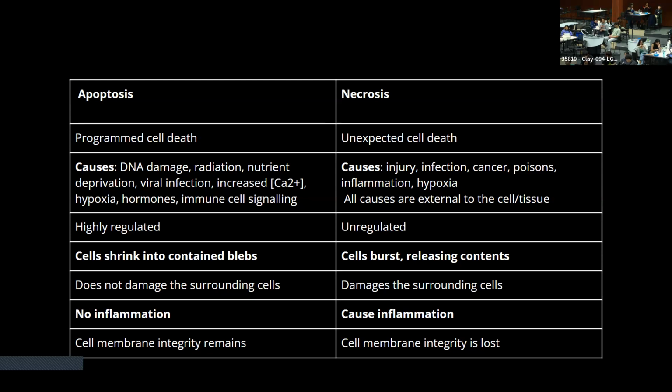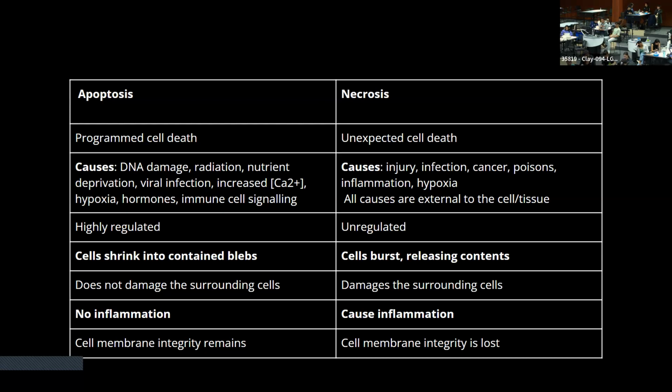Now, again, logically, necrosis is unregulated, whereas apoptosis is regulated because it's programmed. And in apoptosis, the cells shrink into contained blebs, whereas in necrosis, the cells just burst and release the contents of the cell, which is not good for the surrounding cells.